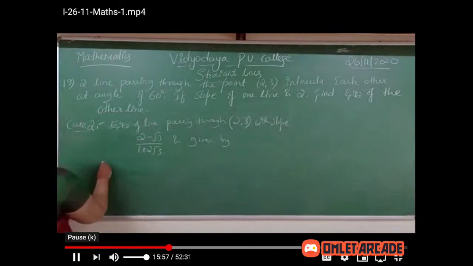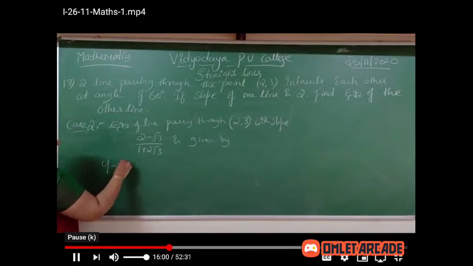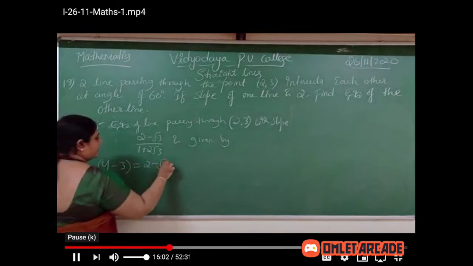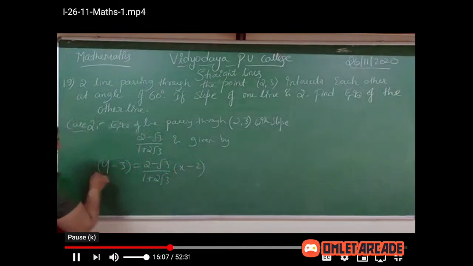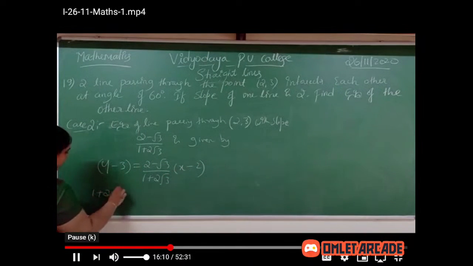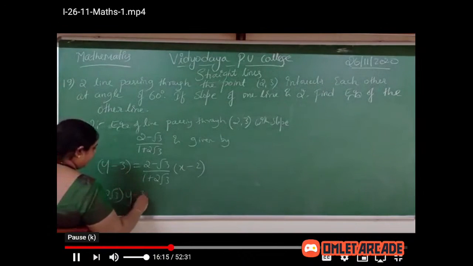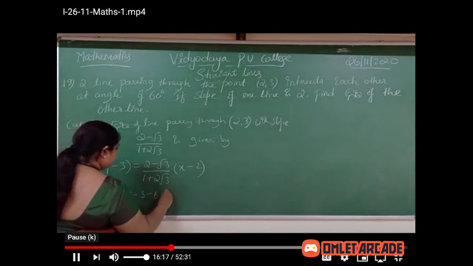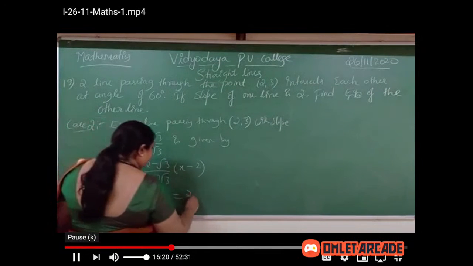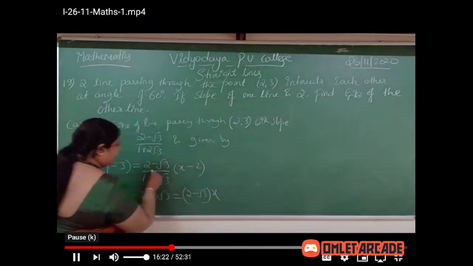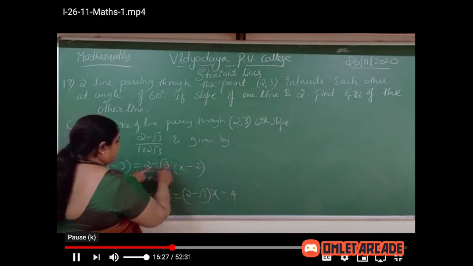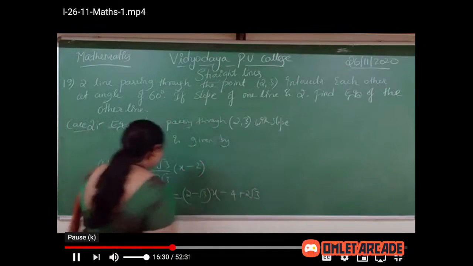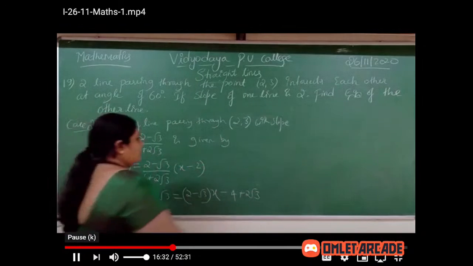So what you will get here? y minus 3 is equal to 2 minus root 3 divided by 1 plus 2 root 3 into x minus 2. When you cross multiply this, 1 plus 2 root 3 y, and when you multiply this element wise, minus 3 minus 6 root 3 is equal to here 2 minus root 3 x, and when you multiply this element wise, minus 4 plus 2 root 3, isn't it? Minus 4 plus 2 root 3.